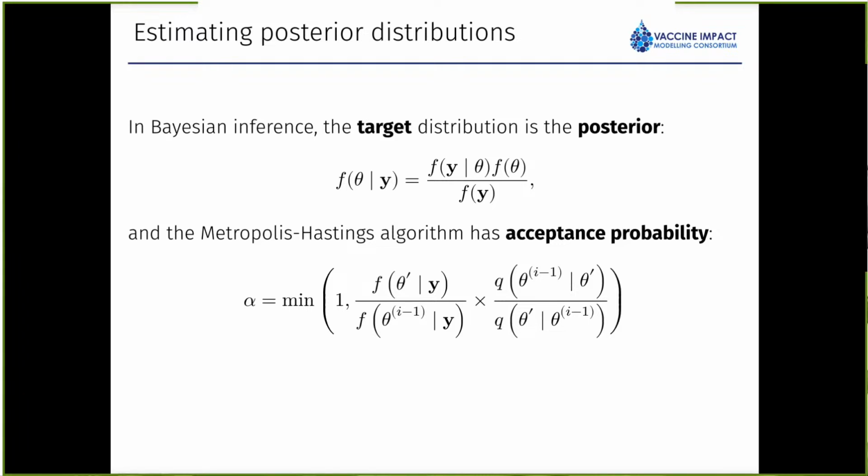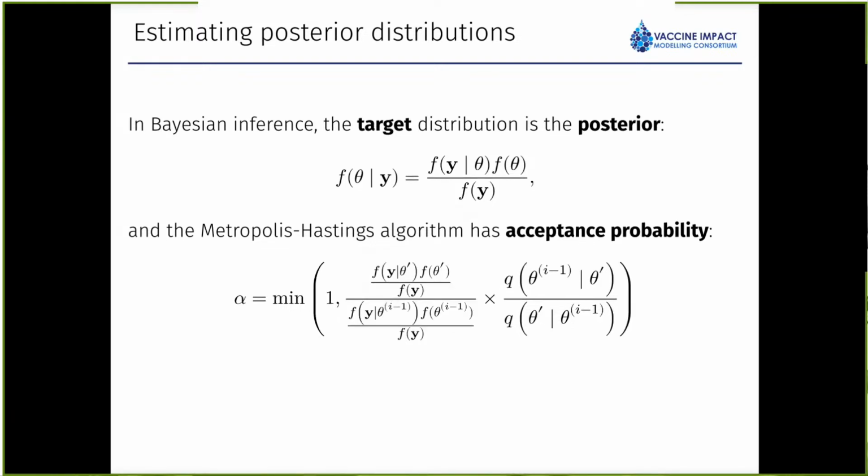However, in our Metropolis-Hastings algorithm, that acceptance probability, if you notice, is a function of the ratio of the posterior at the proposed value divided by the posterior at the current value. Okay? And using Bayes' theorem, we can rewrite the posterior density as this.